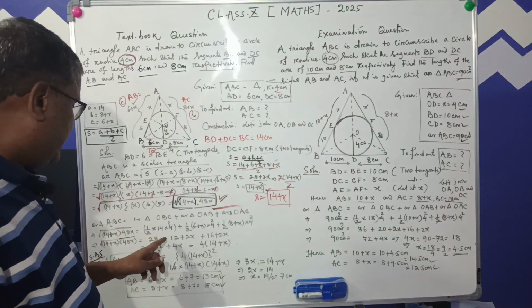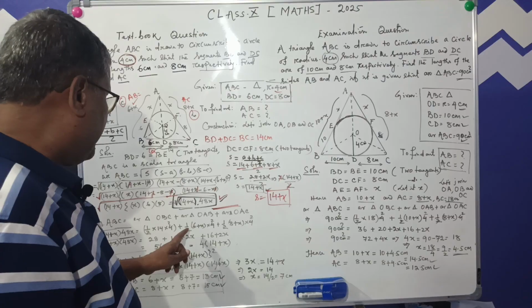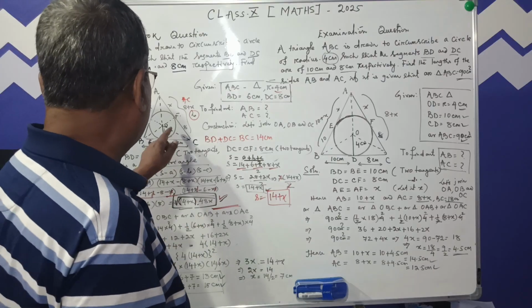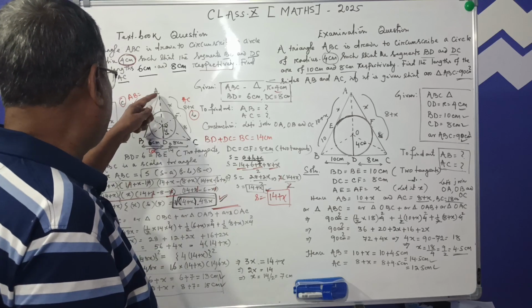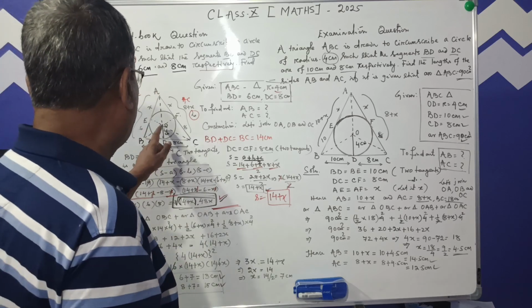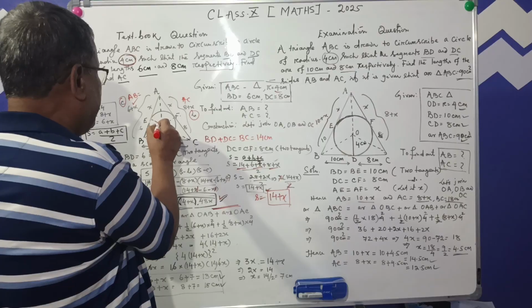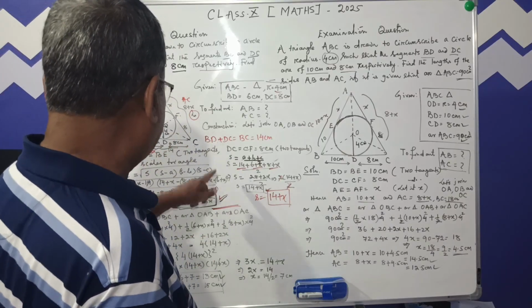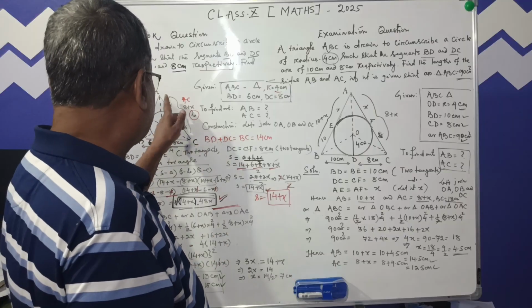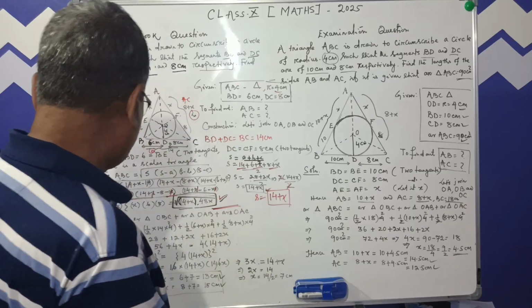That is 14 into 4, then plus OAB. Let us consider OAB: half base 6 plus x into 4, and this is the height OE. Plus for this side OAC, half 8 plus x base into 4. Now solve it.